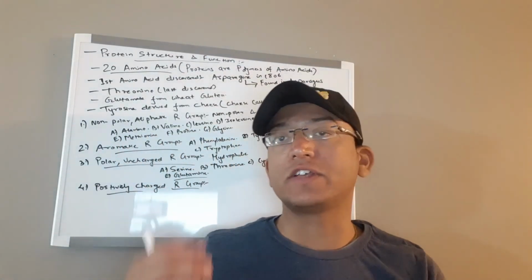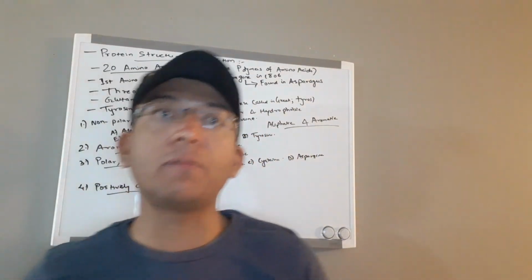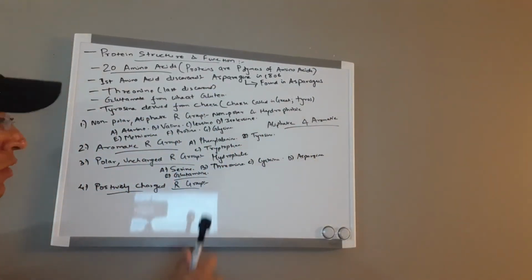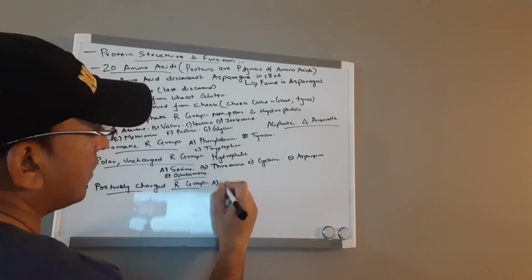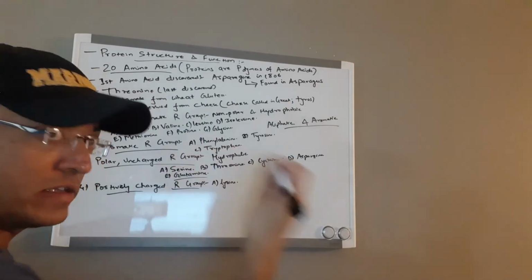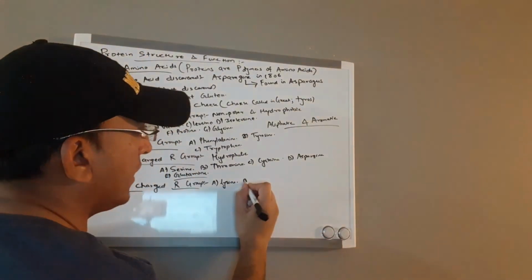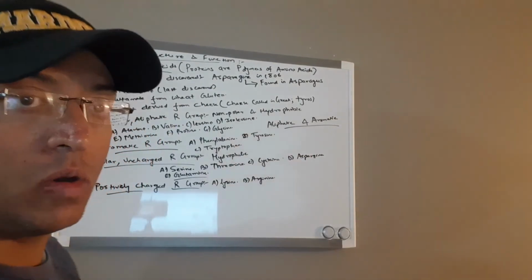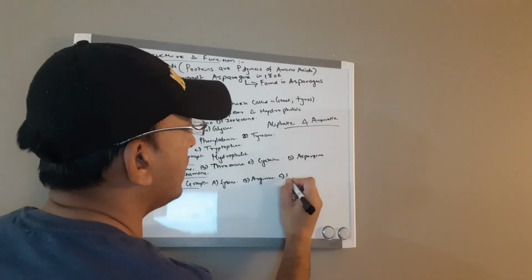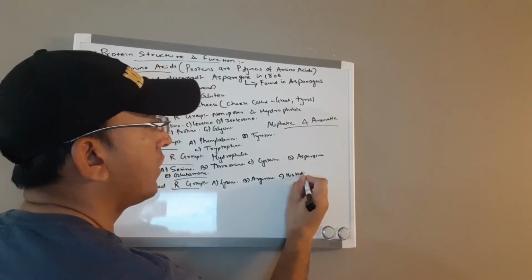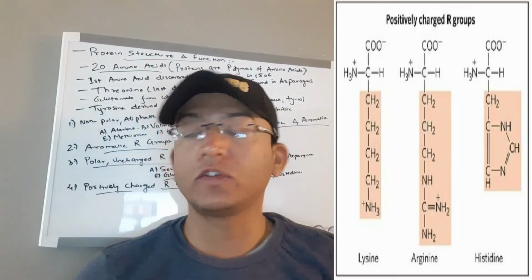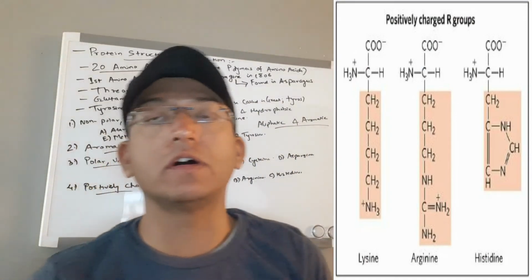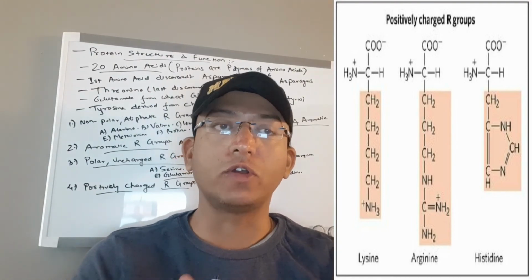The amino acids in which the R group has a significant positive charge at pH 7 are lysine, then arginine, and the third is histidine. So this group has three amino acids, lysine, arginine, and histidine, and you can see the chemical structures on your screen as well.